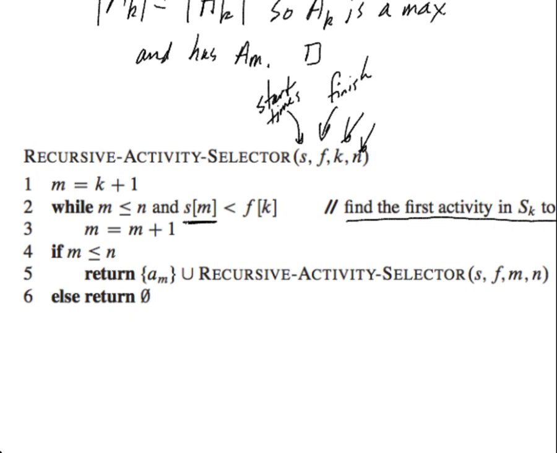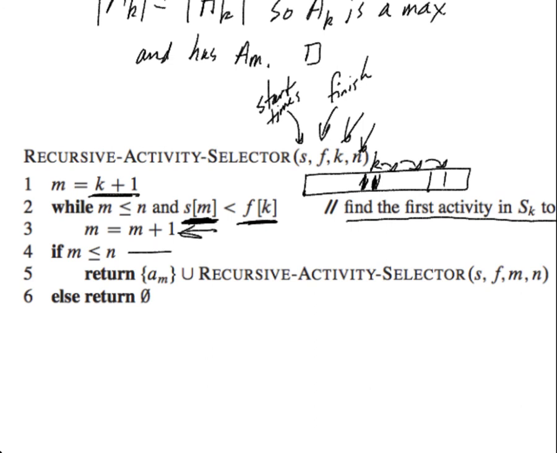So here we have m. We're going to start m after k. So here's our array, and here's k, which is where we're going to start. And we're going to step along here in the array until we find an activity that starts after the kth activity finishes. So while our start time is less than the finish time of k, we're going to loop.